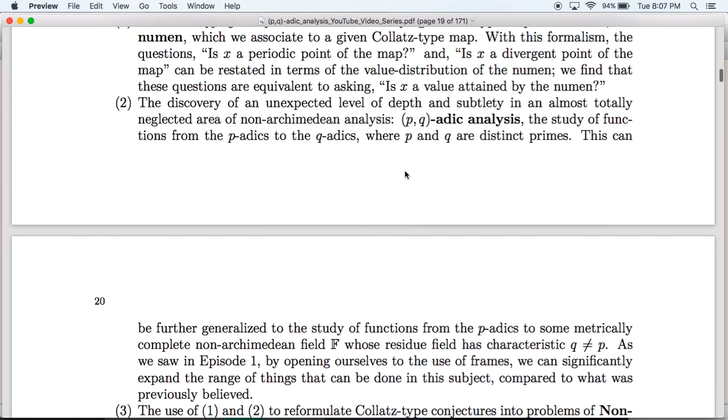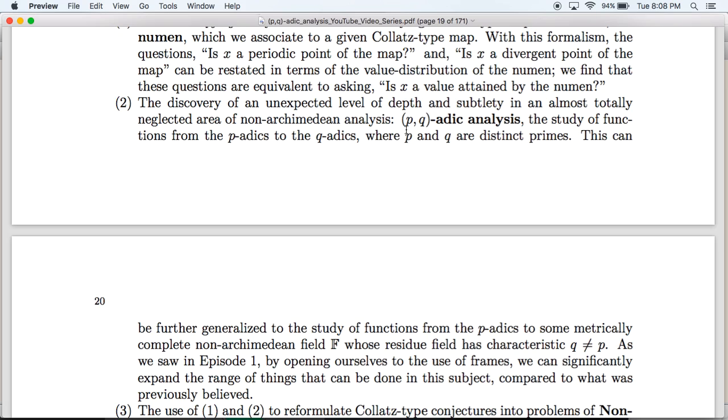What's really cool is that PQ-adic analysis doesn't just apply to functions from the p-adics to the q-adics. It can also apply to functions from the p-adics to some metrically complete non-Archimedean field F, whose residue field has characteristic q not equal to p. And so we saw that by opening ourselves up to frames, we can significantly expand what's done in this subject.